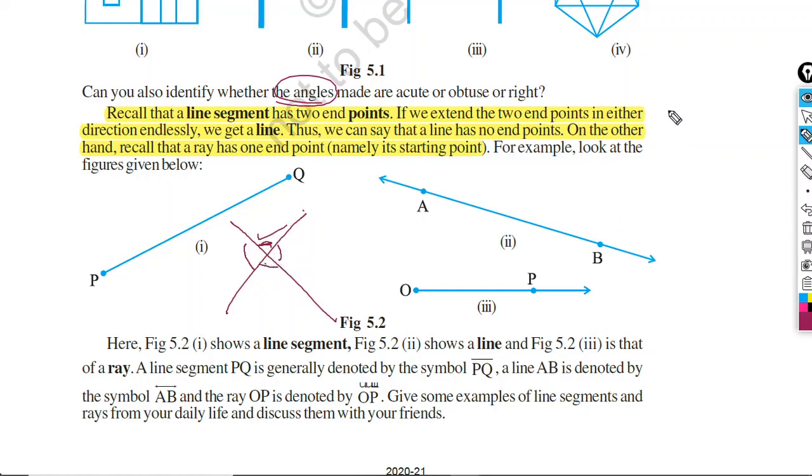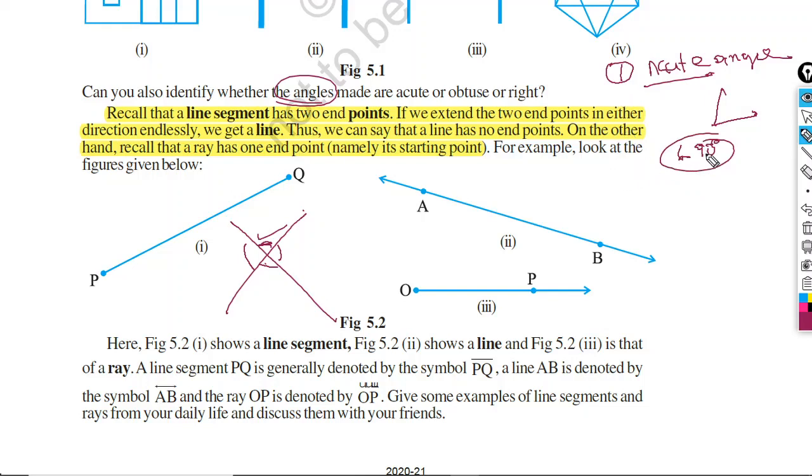Now, some types of angles were there. We'll discuss them one by one. The first one was acute angle. In an acute angle, the angle was less than 90 degrees.